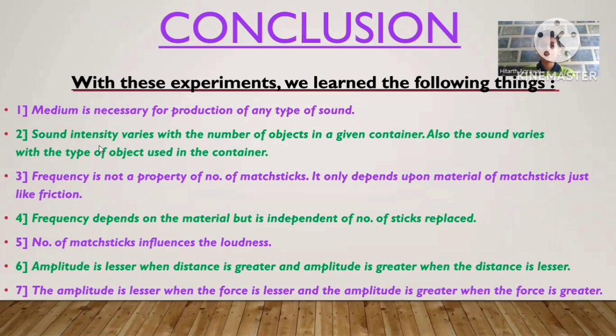Also, the sound varies with the type of object used in the container. Third, frequency is not a property of the number of matchsticks. It only depends upon the material of matchsticks, just like friction. As we know, friction depends on the nature of surfaces in contact. Same as that, frequency also depends on the material of matchsticks. Fourth, frequency depends on the material but is independent of the number of sticks replaced.